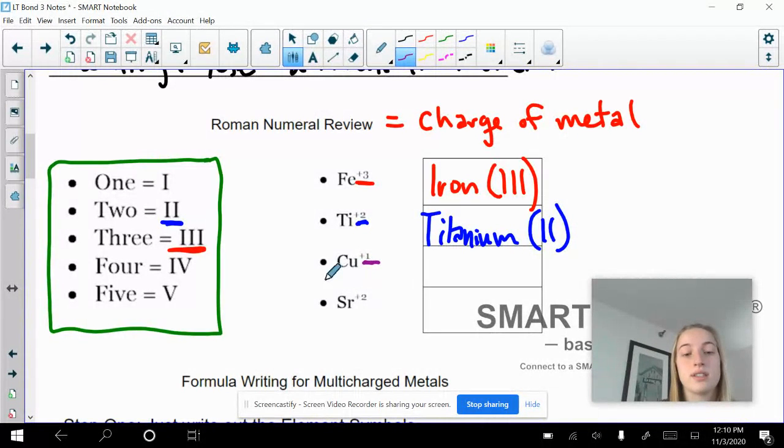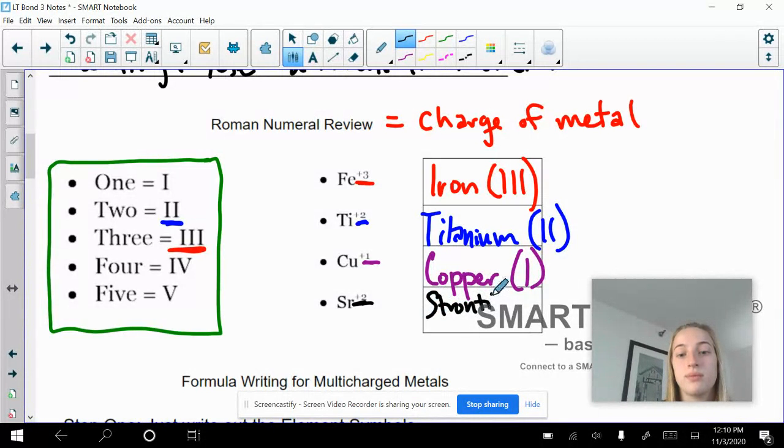My third one is copper with a +1 charge. I'm going to write out copper. And in my parentheses, 1 capital I. And finally, I have strontium with a +2 charge. I'm going to write out strontium. And in my parentheses, a +2 charge, Roman numeral 2.